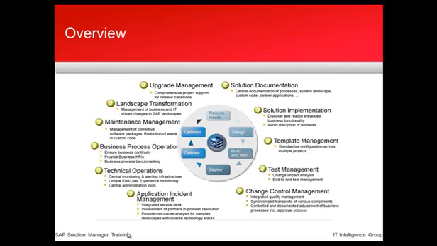Then you have the maintenance phase, where you apply the fix and create support packages. Then you have change control management, where you find out and implement controlled and documented adjustment of business processes and approval processes.